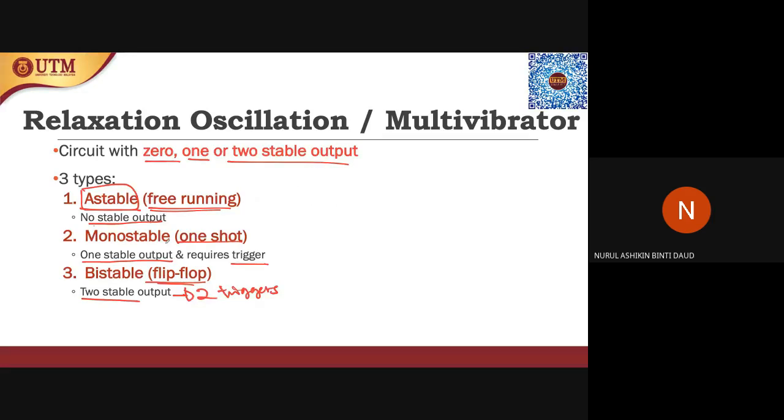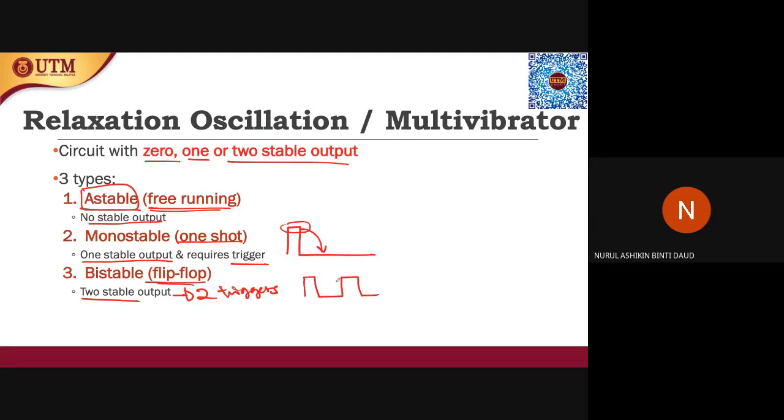For monostable, since it requires a trigger, in order for you to change from one state to another, for example from this state to this state, you need a trigger to change the state. For bistable, since it has two stable outputs, it has two triggers.